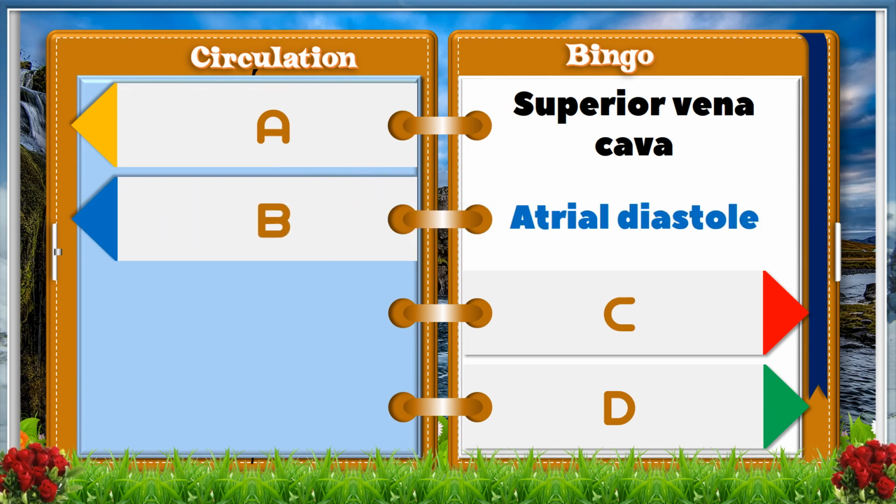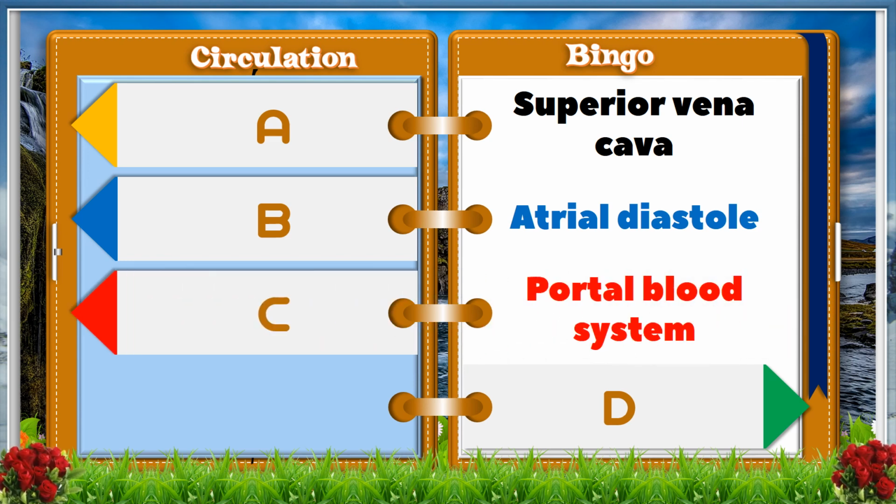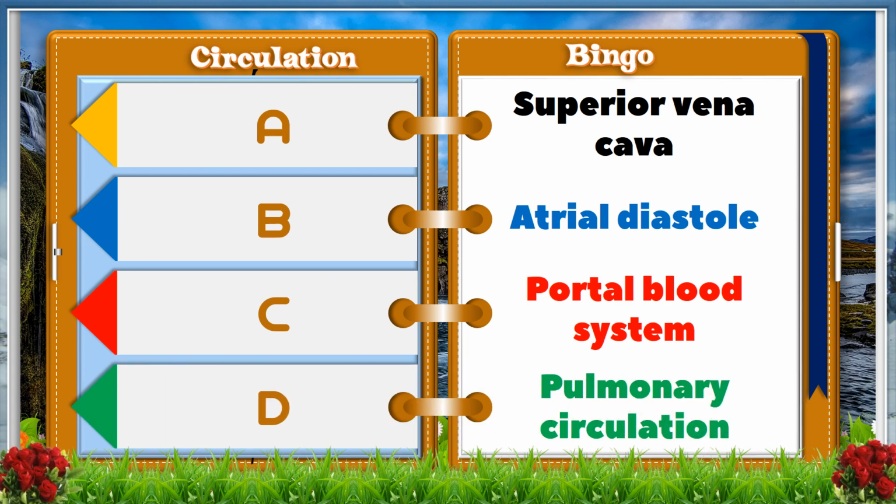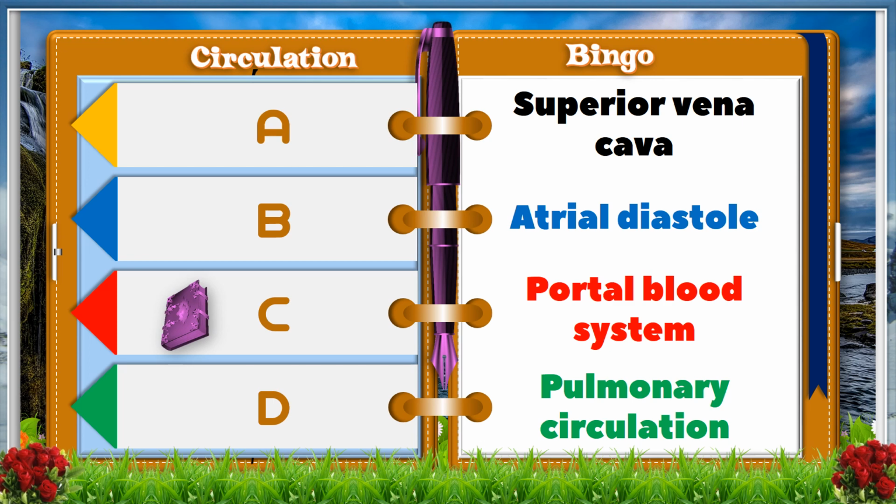B. Arteriole. C. Portal blood system. D. Pulmonary circulation. And the answer is C. Portal blood system.